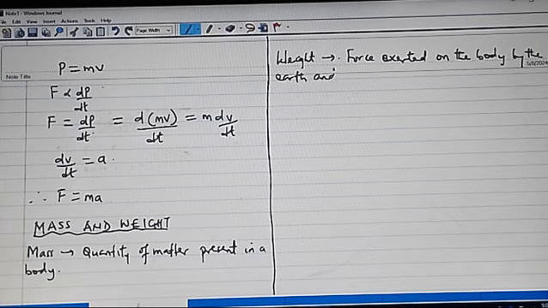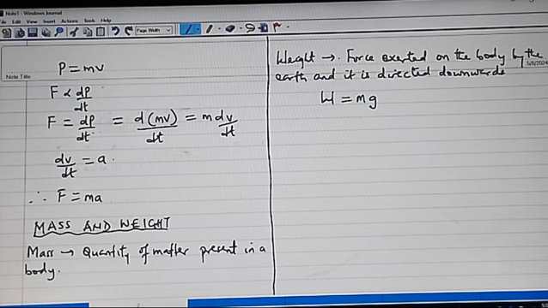And it is directed downwards. So that weight is expressed as mass times acceleration due to gravity.